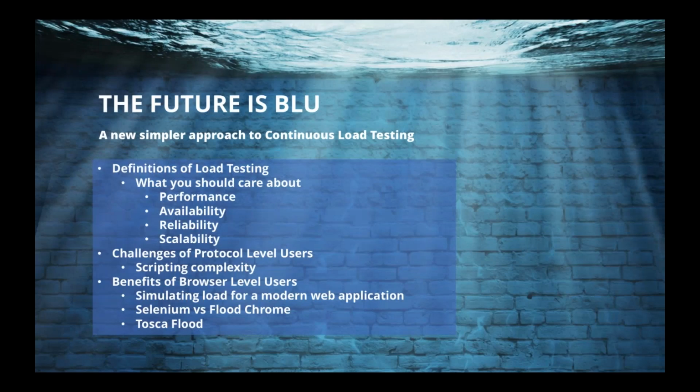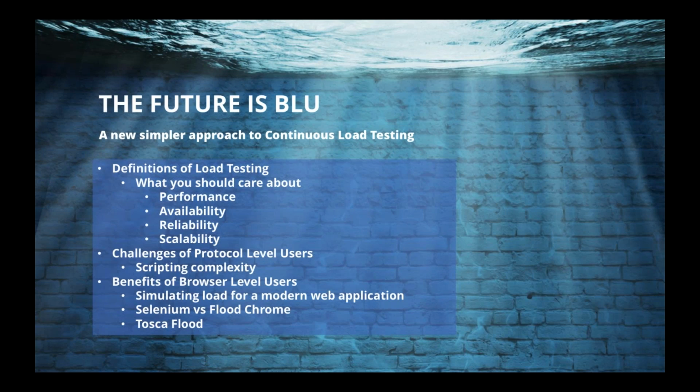So in conclusion, and referring back to the theme of this presentation, describing a new, simpler approach to load testing, especially continuous load testing for DevOps: I covered basic definitions of load testing and the dimensions that you should really care about. I also covered in detail the challenges of continuous load testing and protocol level load testing, including script complexity, and I also pondered the extinction event for this style of testing.